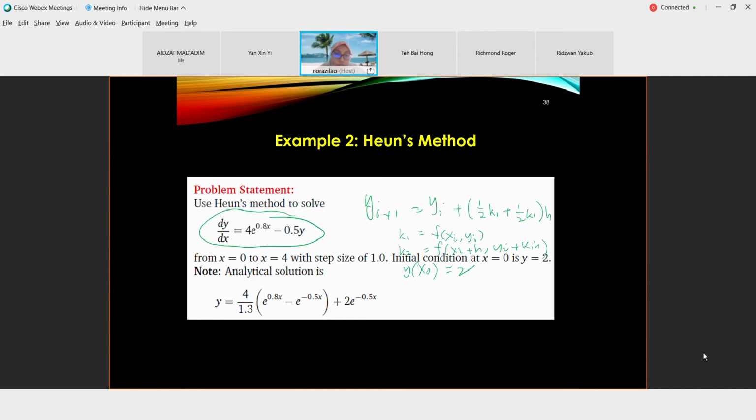You just need to repeat the same as you do in the Euler method, but the difference for the Heun method, which is a Runge-Kutta method, is that you must determine the K values first.